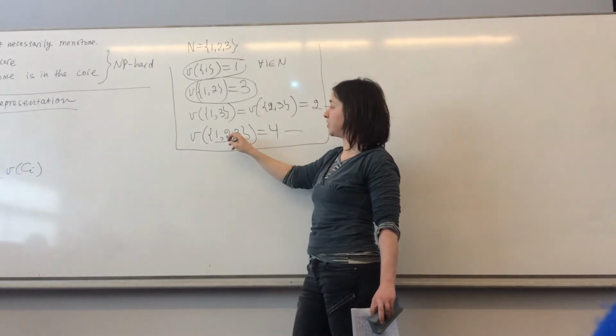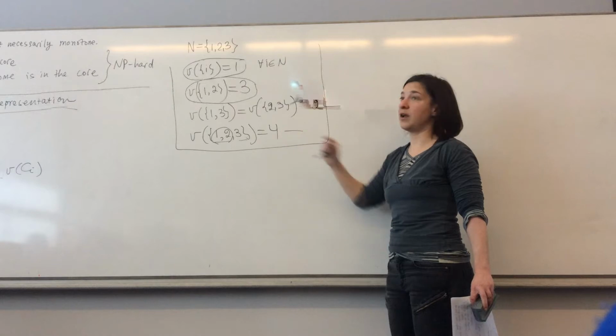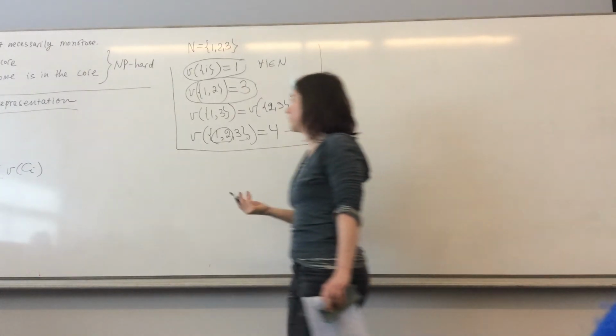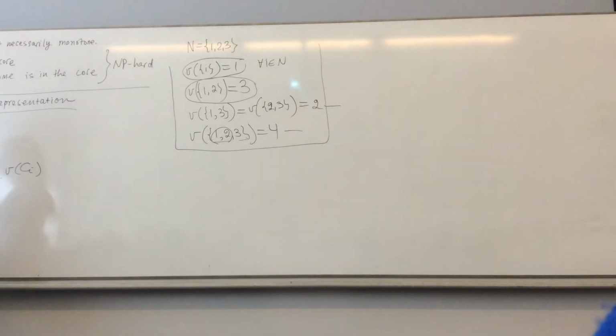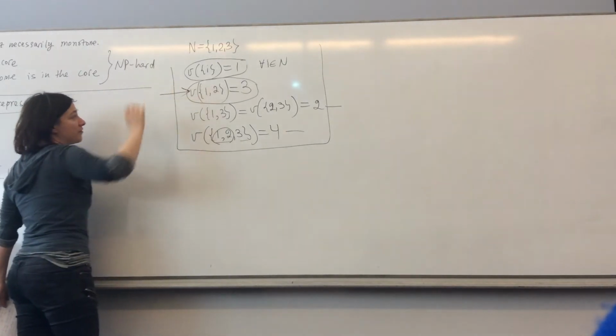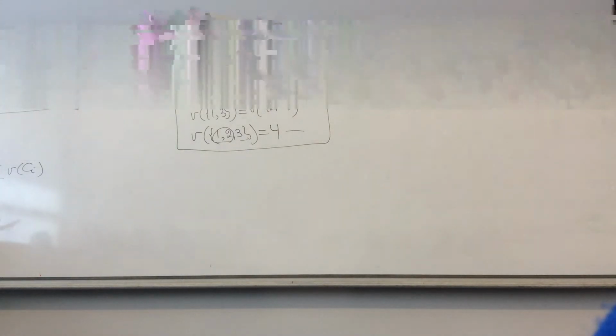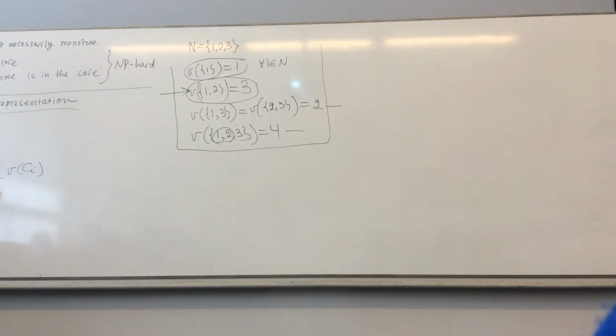So the best partition is 1, 2, and 3, and this gives me the value of 4. Okay, so then we can compute that. So we only specify those values that have some extra value over the sum of values of the best partition of that coalition.